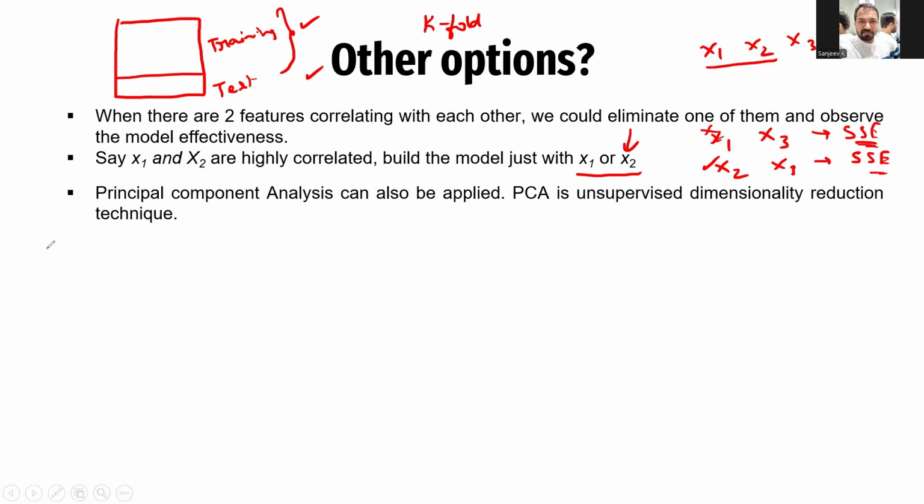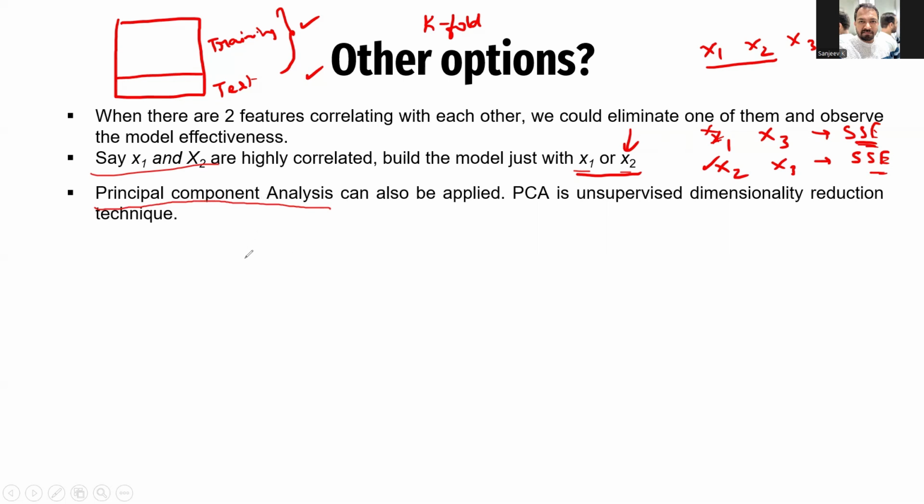So we discussed so far that we will be applying VIF, and on top of it, we will try to delete one of the features x1 or x2 and then build the model. Other than this, we have something called principal component analysis. This is a very important technique.